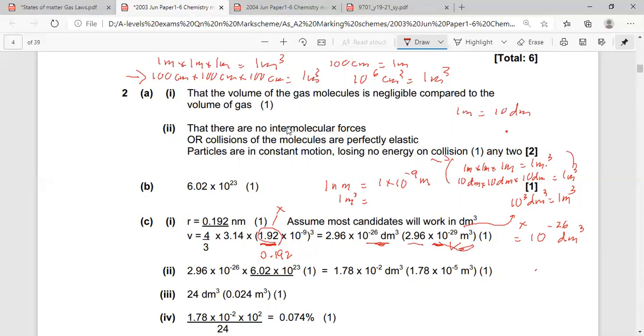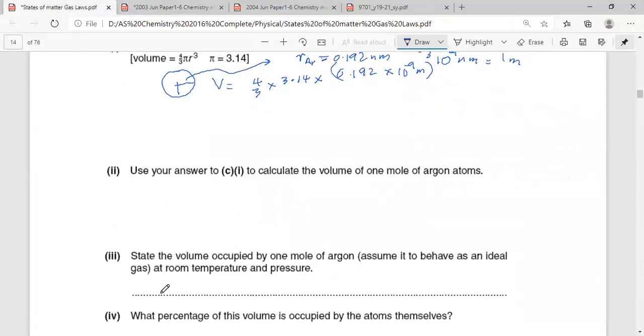So from here you can see this will be a very small volume for one atom. They ask you here to use your answer to calculate the volume of 1 mole.